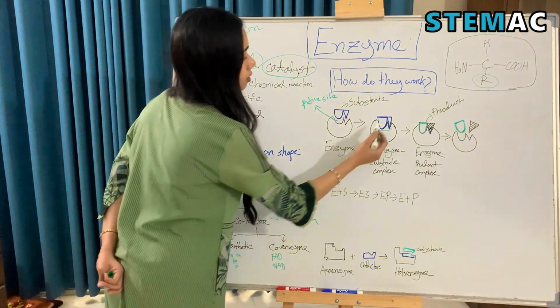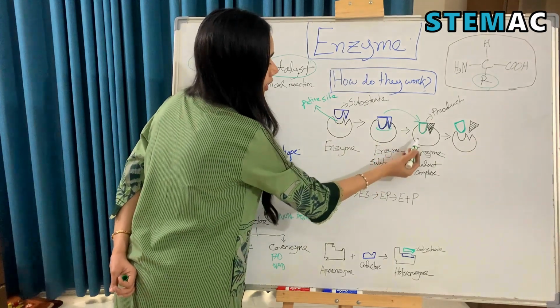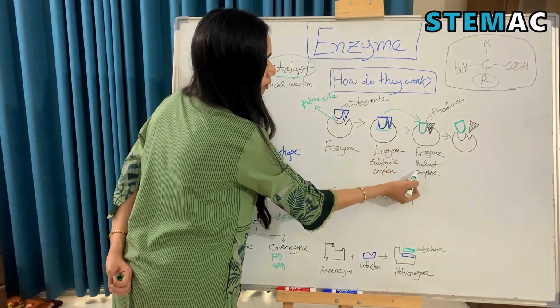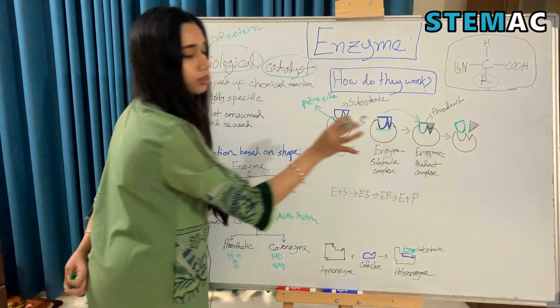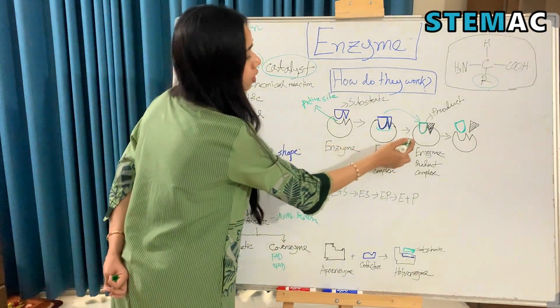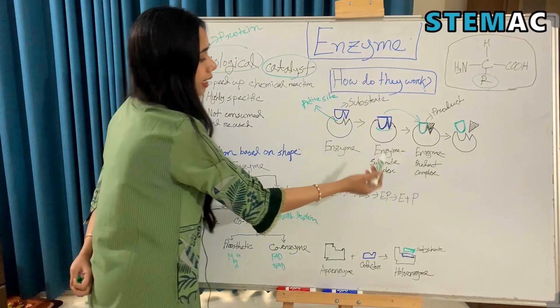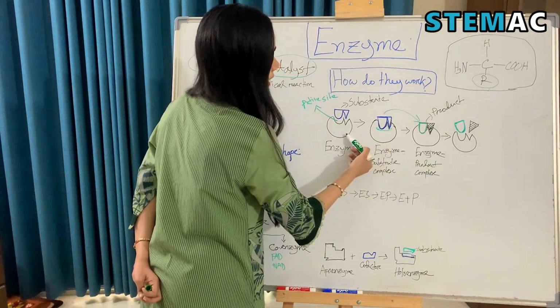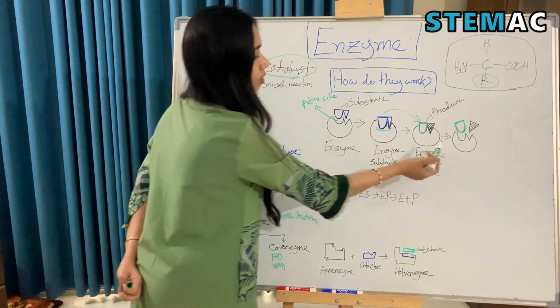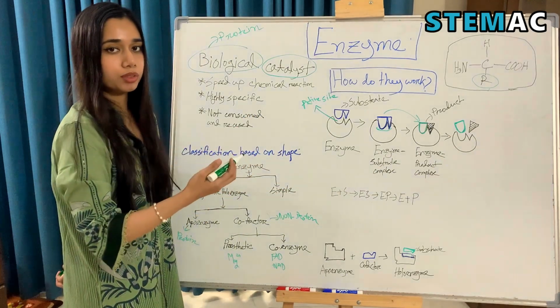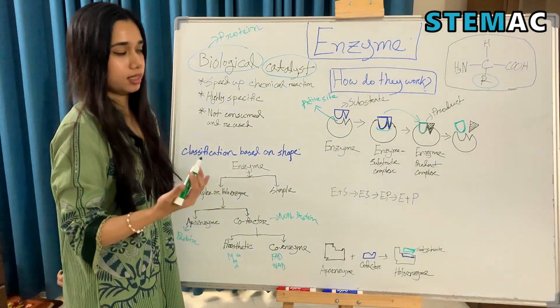So as a result, from the substrate we get products, and we get an enzyme product complex, which is also temporary. After that the products will leave the enzyme, and as we can see, the enzyme is still unchanged from the beginning. So it has not changed and it can be reused for a new substrate next time.